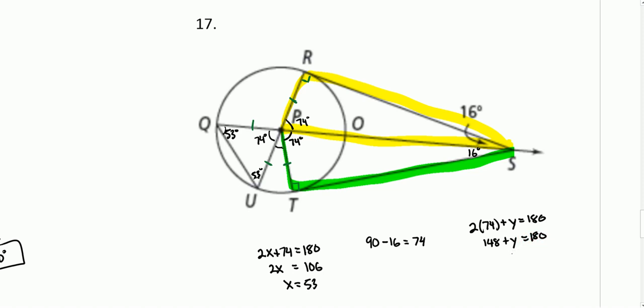Subtract 148 from 180, and you get 32. And one more angle. Again, QO is a diameter, so 74 is supplementary with this angle. So 180 minus 74 is 106.